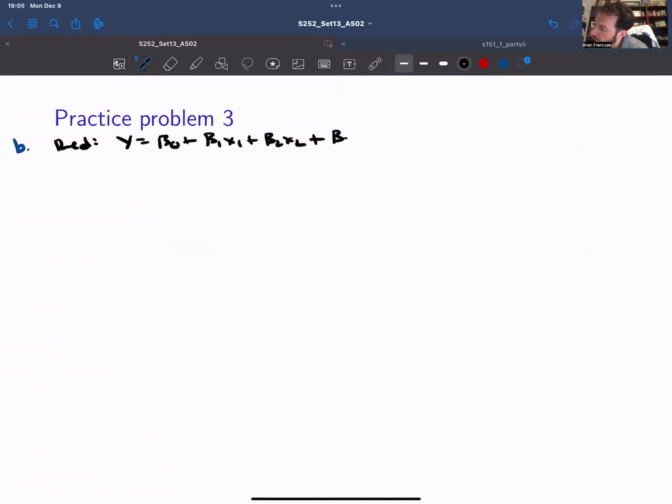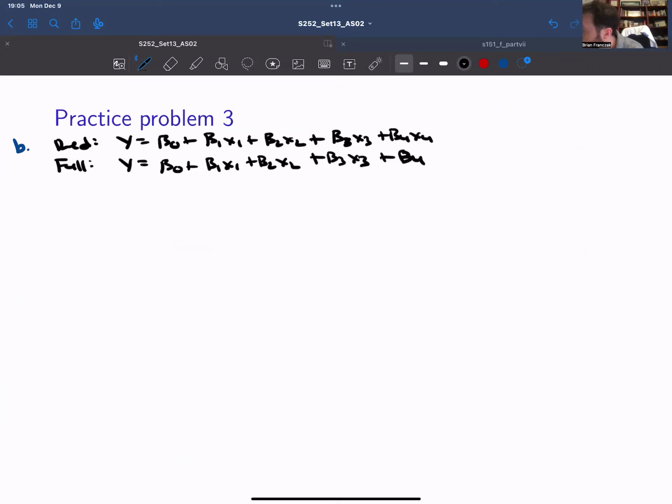So this is the model without interaction terms. And then the full model is the model in question 3, which is the MLR model with the two interaction terms.